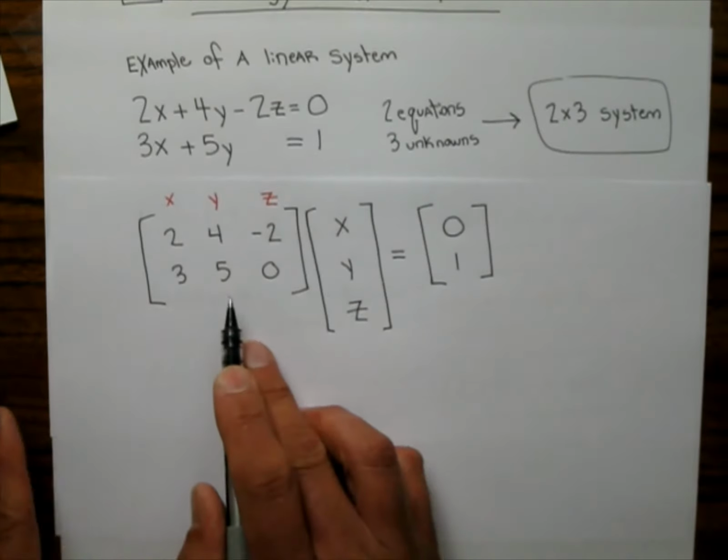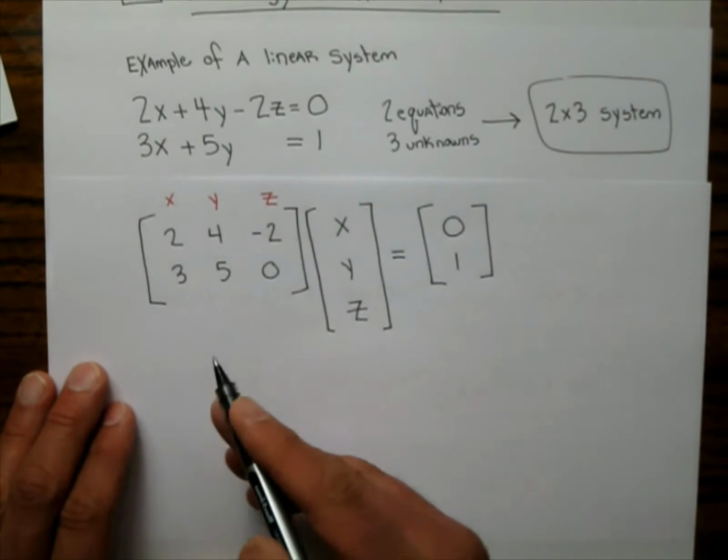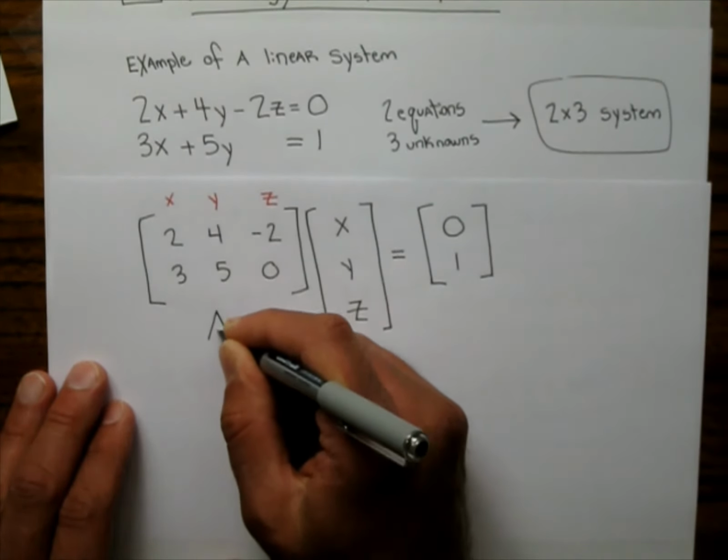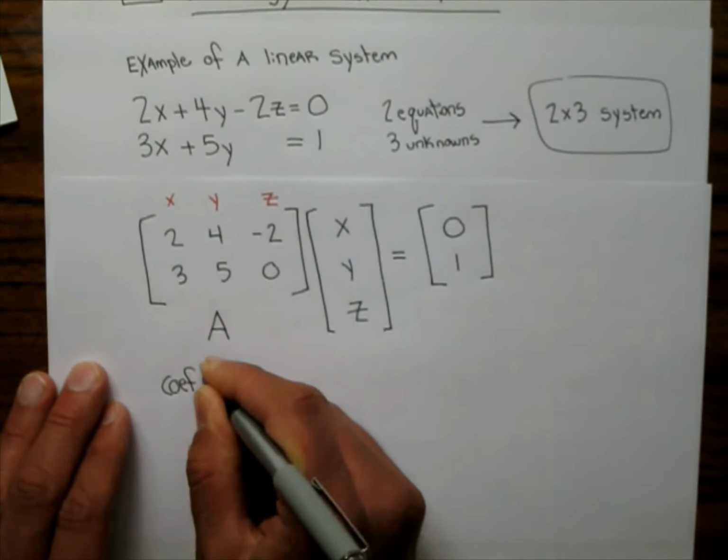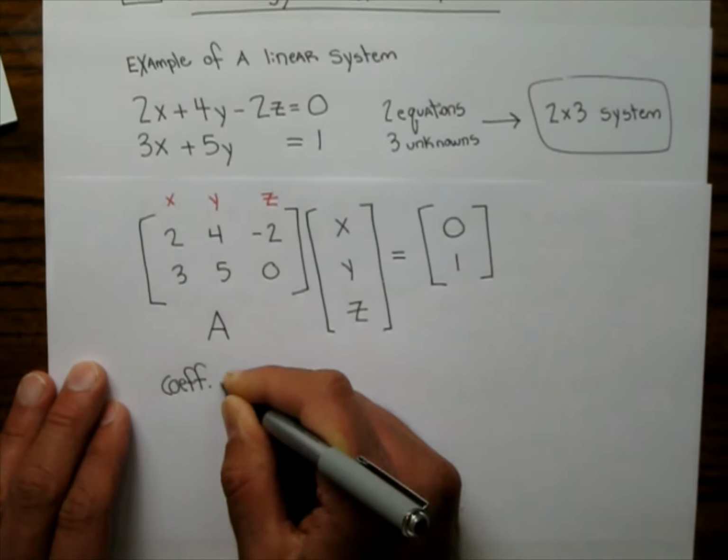Okay, so this matrix has a name. We like to call it letter A, and it's called the coefficient matrix.